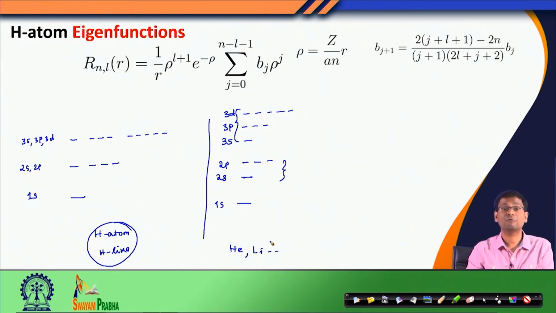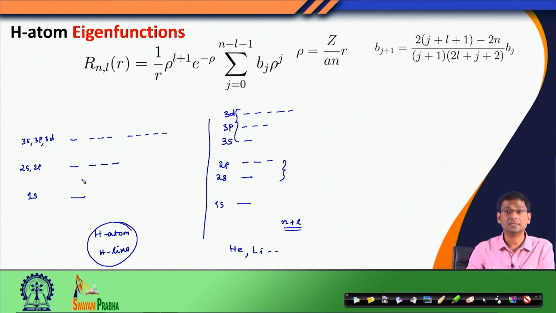This is true for all systems which have more than one electron, where the energy levels can be identified as n plus L rather than only n. Only for one electronic system we have this kind of degeneracy, but for other systems where we have more than one electron, the degeneracy pattern is changing.